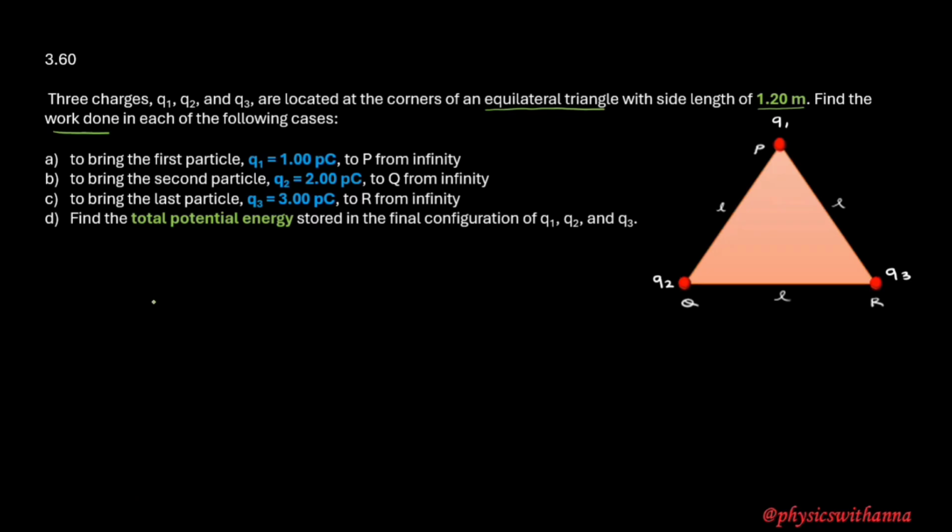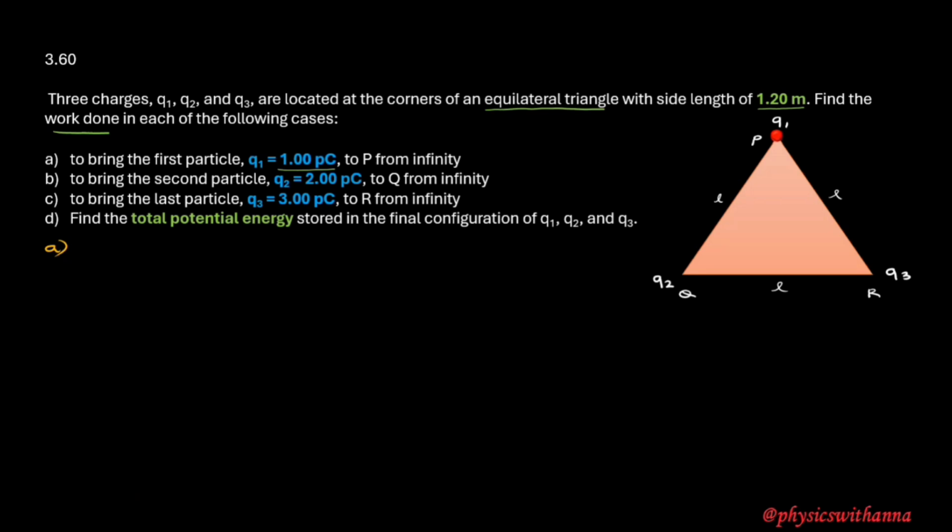So let us start with part A. In part A, we need to find the work done to bring the first particle Q1, which has a charge of 1 picocoulomb, to P from infinity. So first, if we only bring charge Q1 from infinity to point P, Q1 has no other charge to interact with.